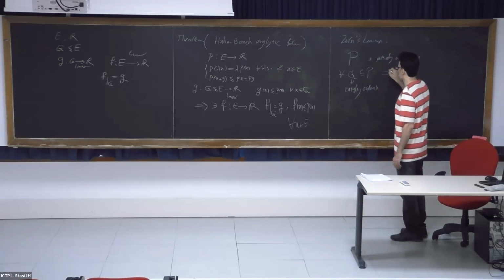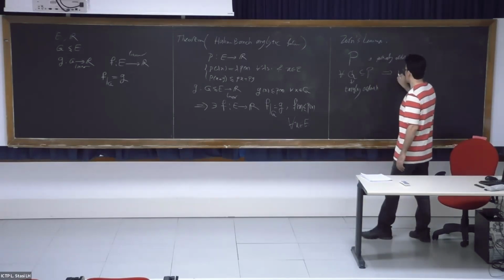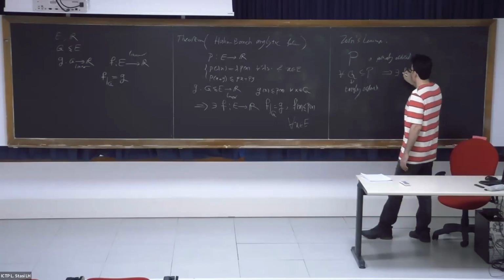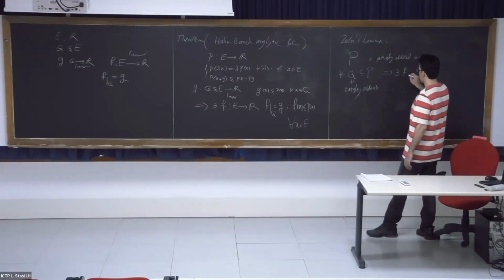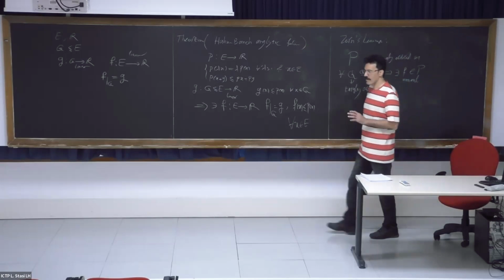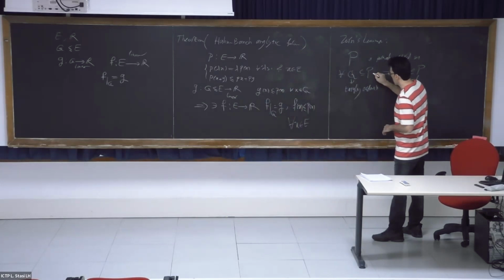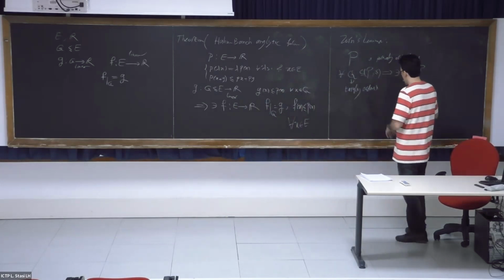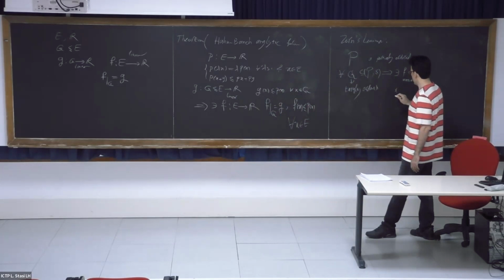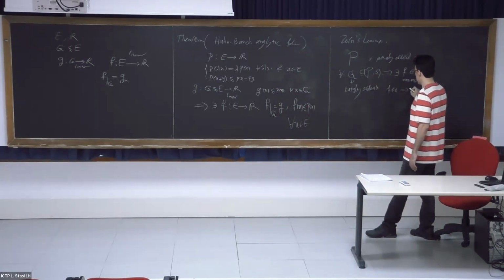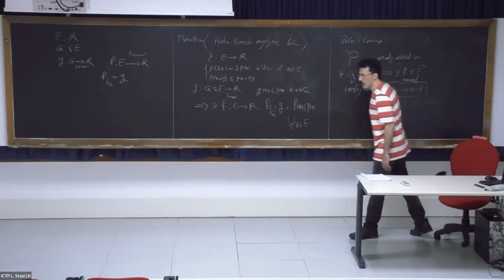then there exists a maximal element. This is maximal in P. Maximal means that if the order is like this, and if x is greater than f, then x equals f.